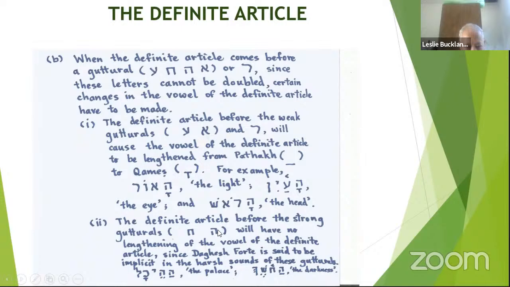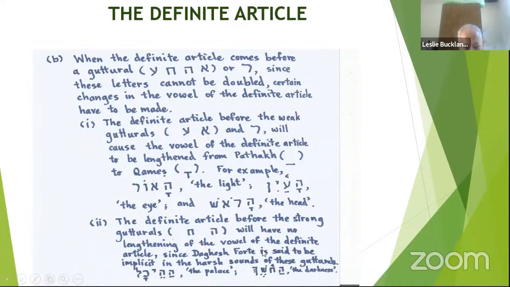And because it has the strength of the dagesh forte, there will be no need for the pathak under the he of the definite article to be lengthened, as was the case with the weak gutturals, when there was a need for the lengthening of the pathak to the kames. So because these are not weak but strong, it is just as if they had a dagesh forte in them.